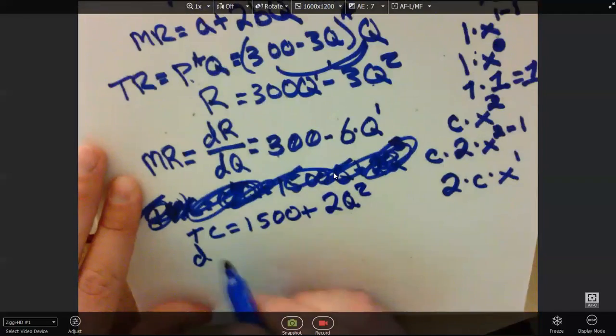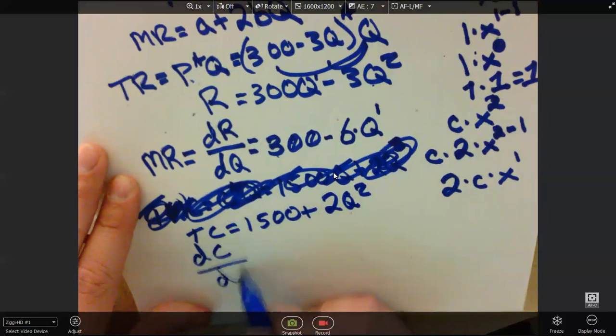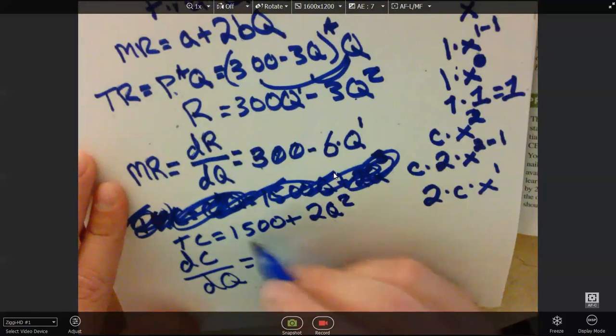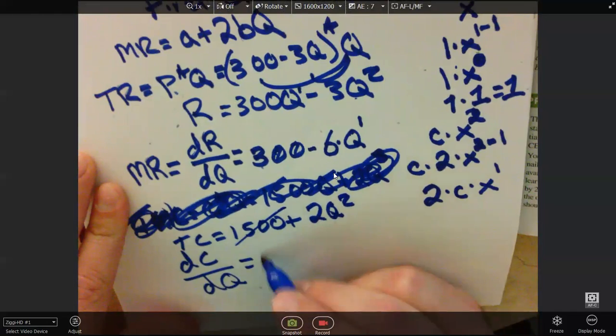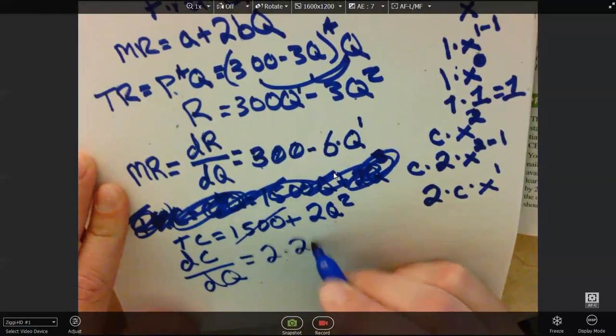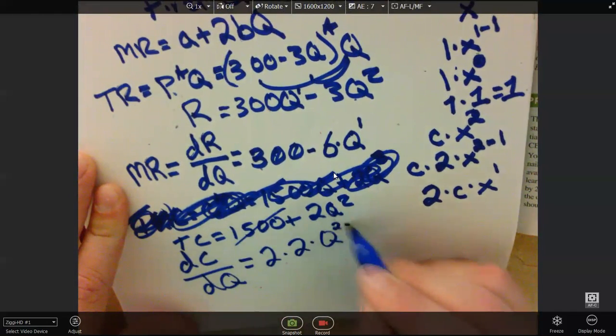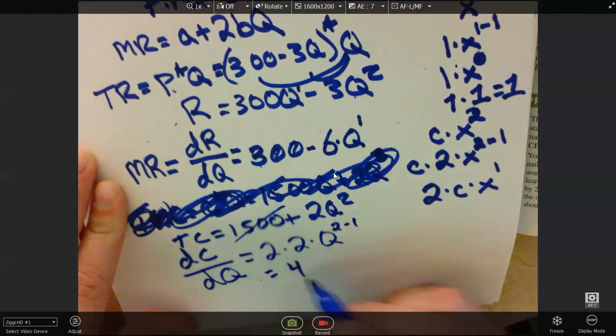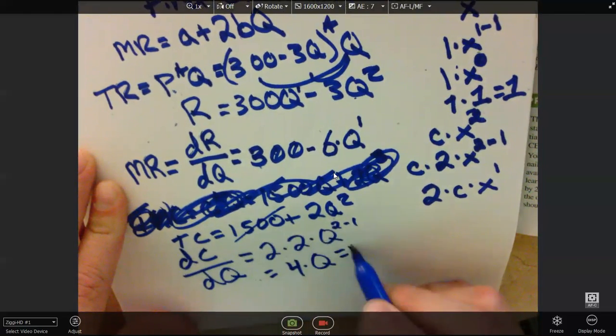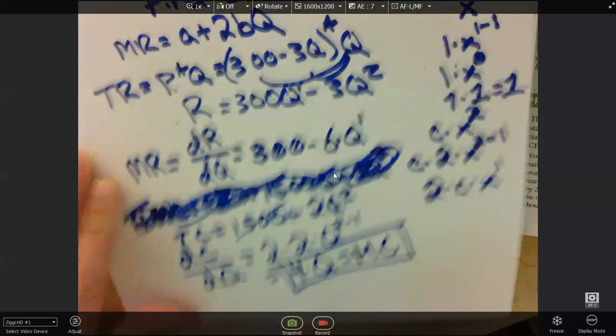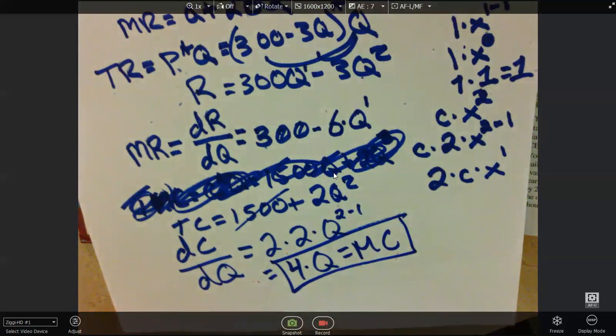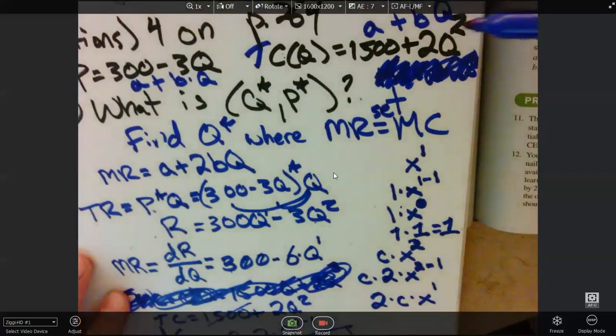Then the derivative of the cost with respect to the quantity: the constant drops out, and this ends up being 2 times 2 times Q to the 2 minus 1, which equals 4 times Q. That's my marginal cost. Apologies for that confusion. Part of it is because this equation here is already my total cost.